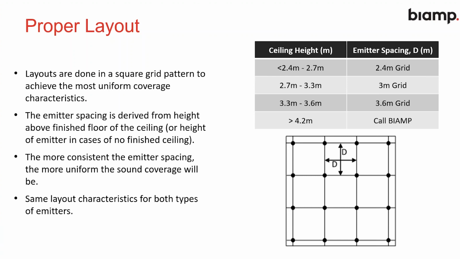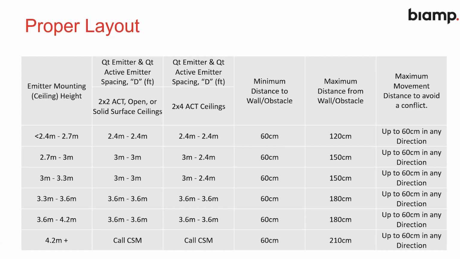So, to have a full look at the ways that we lay it out, this is shown on this chart. I will reiterate, these are all in the design guide, so that everything is there. The key thing here is the far right hand column, where we say that anything up to 60 centimeters tolerance there is.